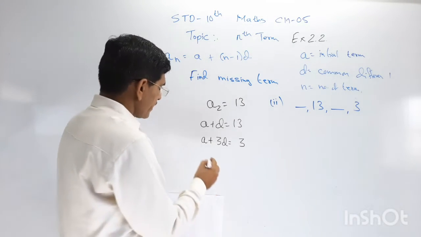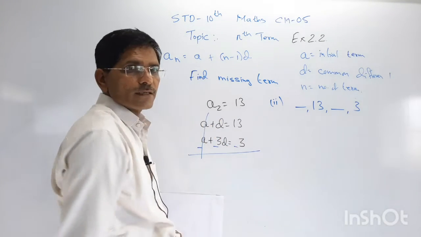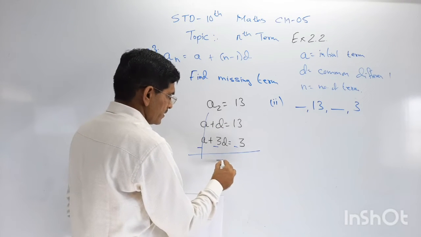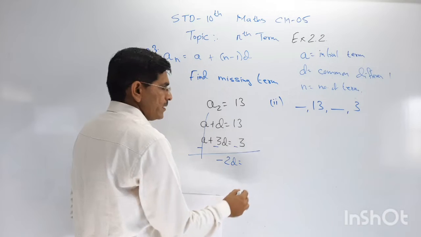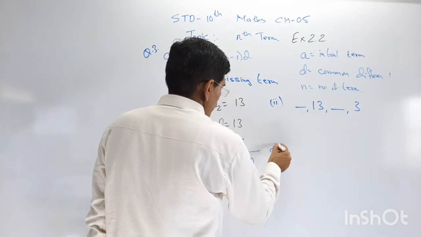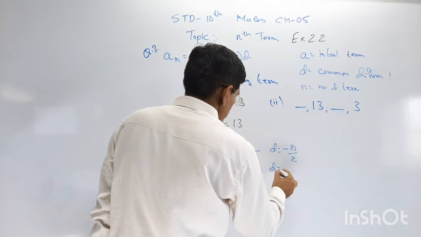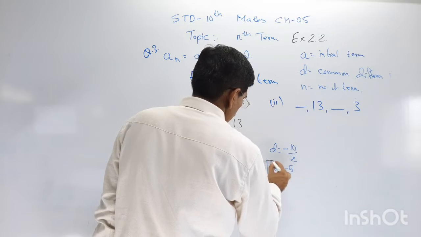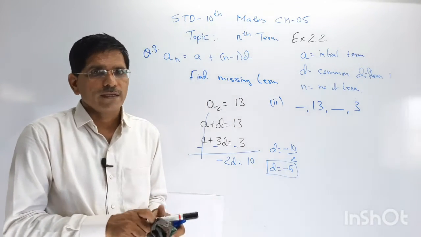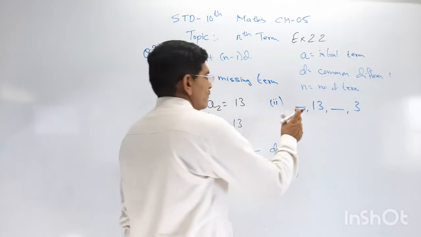Now I have to change the sign, minus, minus, minus. It's a linear equation. So A minus A is 0, and minus 3D plus D, that is minus 2D, is equal to 10. So D is equal to minus 10 divided by 2, D is equal to minus 5. Now my plan is to find the first term.